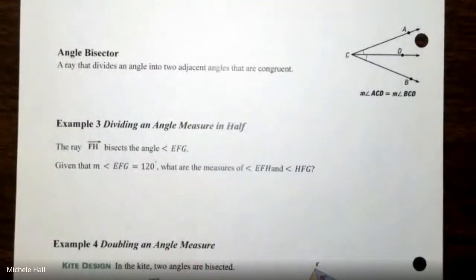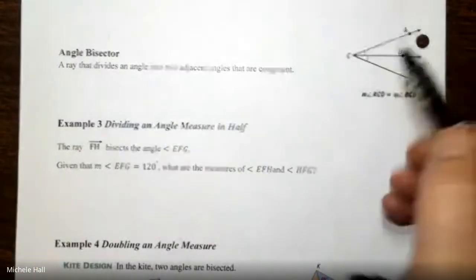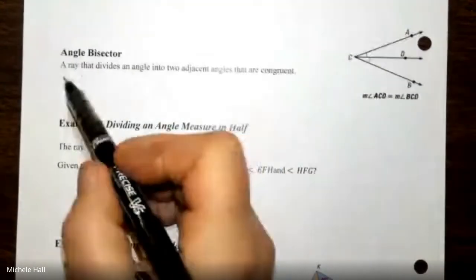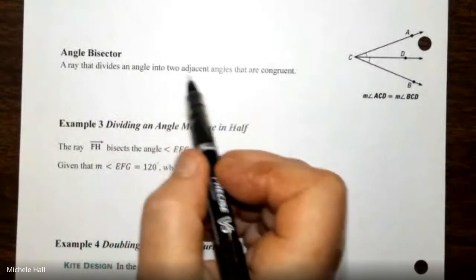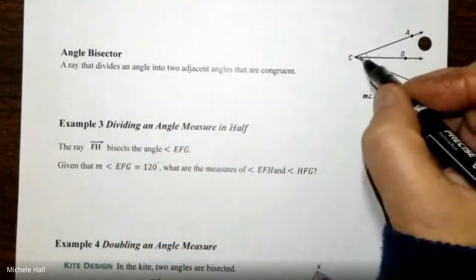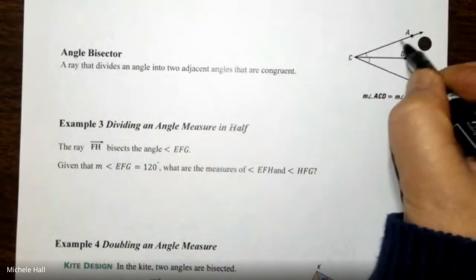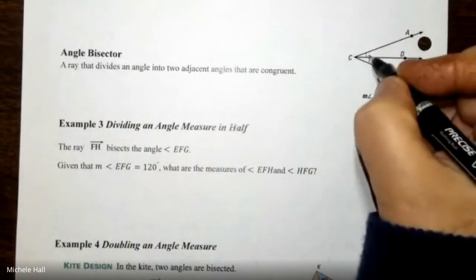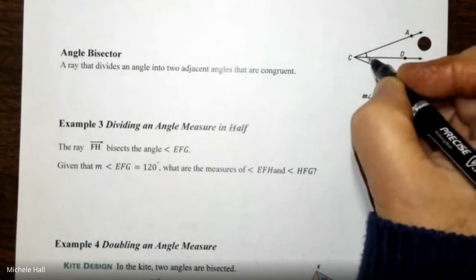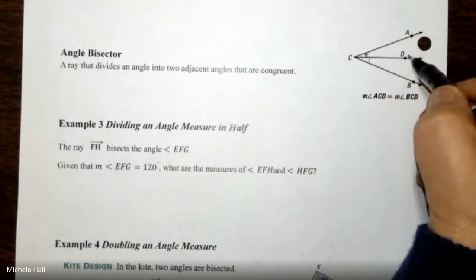Definition: an angle bisector is a ray, which has an endpoint and goes with an arrow on the end, that divides an angle into two adjacent angles that are congruent. We know that if I have a ray that is bisecting angle ACB, that means that angle ACD is going to be congruent to angle DCB.